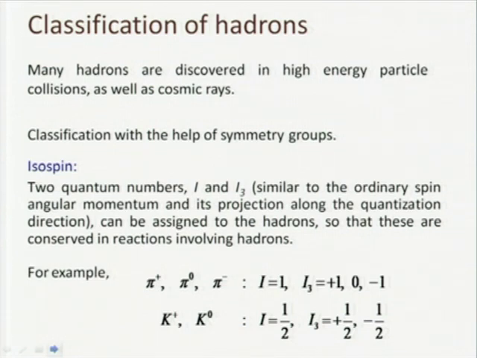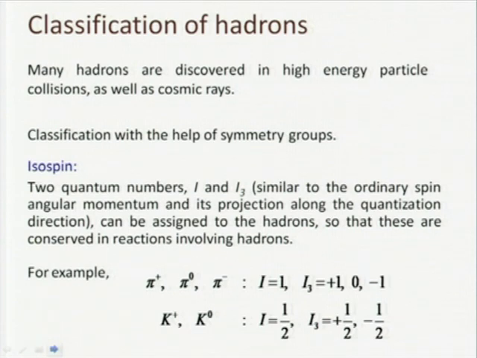For example, K plus is not grouped together with pi minus because they have different masses. Kaons have masses around 500 MeV, whereas pi minus has mass around 140 MeV. So it was other considerations, not just the charge, that dictate these things.